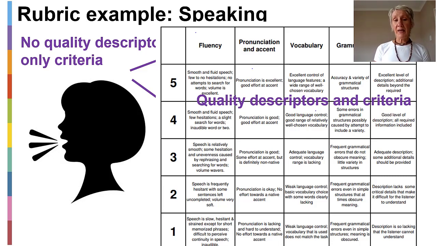However, vocab might be a 4, and grammar might be something else. So this gives you more variety, and the students can see exactly where they scored low and where they scored well. So maybe using both the rating scale and the criteria gives you more transparency and fairness when you're actually grading someone.